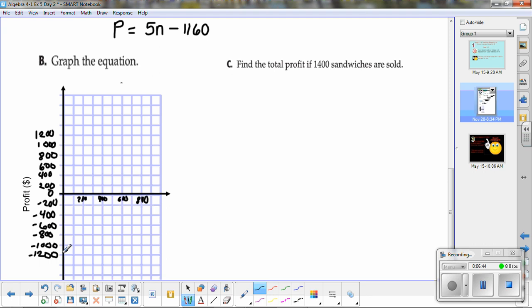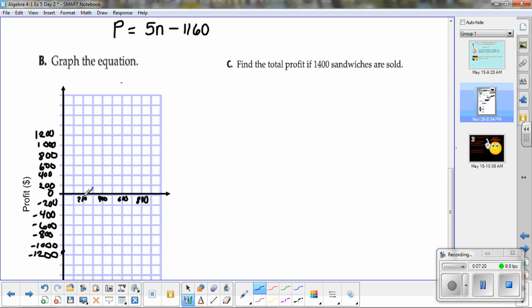It's going to be a little less than, or not quite, negative 1,200. Now the slope is 5, which means we're going to rise $5 for every sandwich. But since we're going by $200 increments, that's going to be kind of hard to find the next point on the graph. So I'm going to go ahead and just choose a number and plug it in.